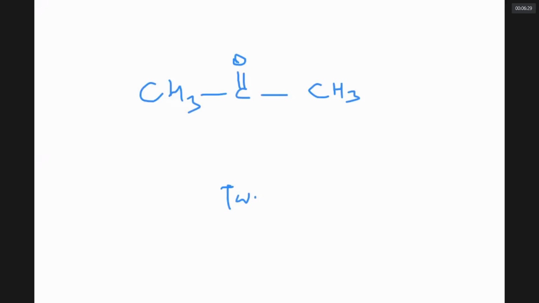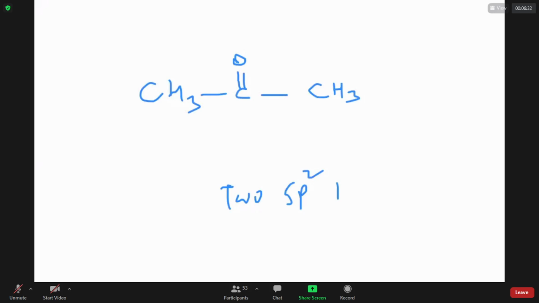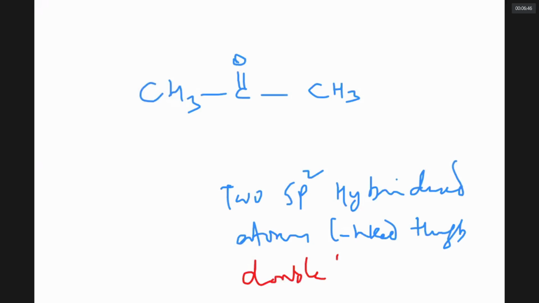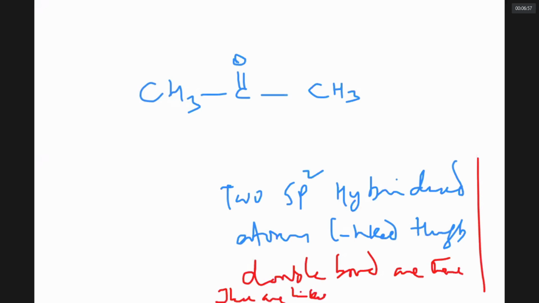Two sp2 hybridized atoms linked through a double bond are there. Now these are linked to an sp3 atom with hydrogen.